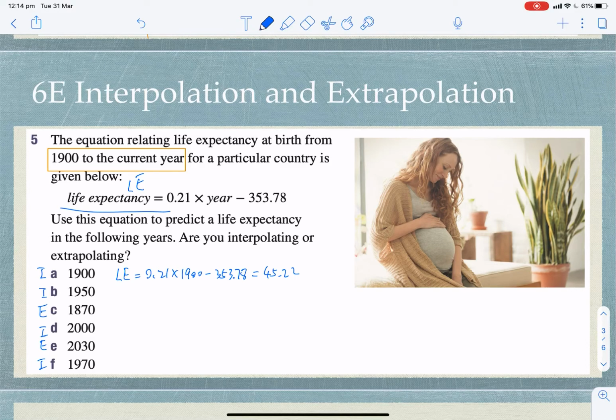The thing I want to bring up is whether it makes sense if you use extrapolation. Okay, so I'll give you one example here. Let's say the 1700s. If you put 1700s in the calculator, your life expectancy is 3 years old. What does it mean? You live in the 1700s and you're expecting to live 3 years? That doesn't make sense, right?